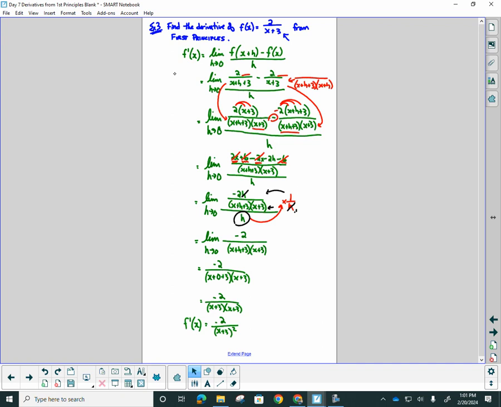This meant I could then divide by h by multiplying by 1 over h. And it means the h's will cancel each other out, which leaves me with a function that will allow me to substitute 0. The 0 in for h makes the bottom x plus 3 squared, and the top is just negative 2. And there is my solution for finding the derivative of 2x over x plus 3.